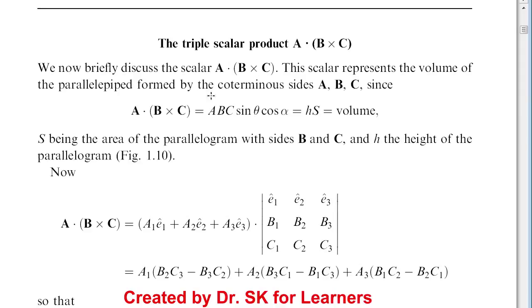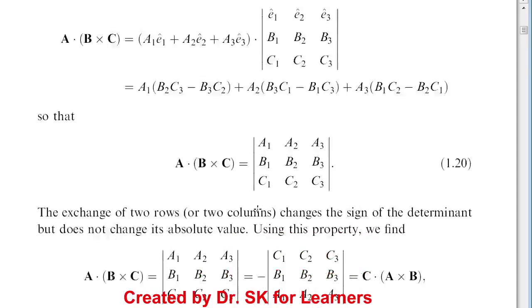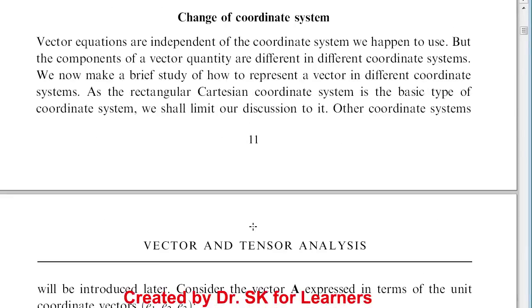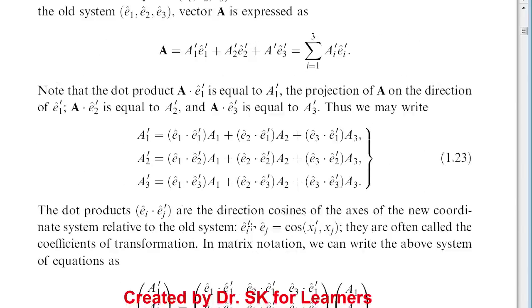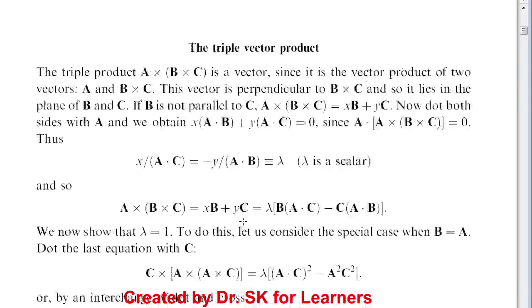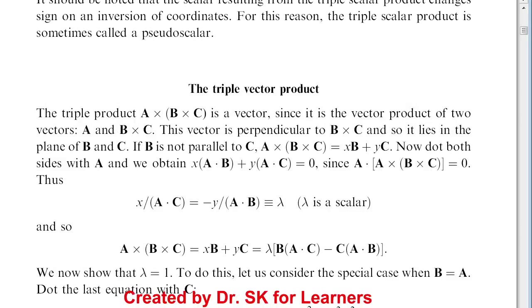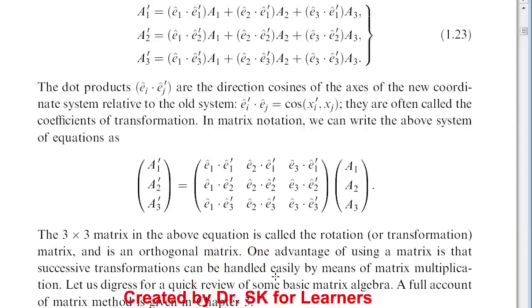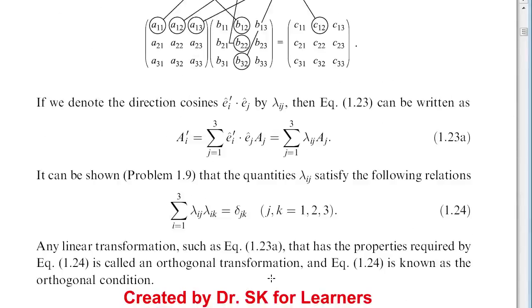So in tomorrow's class we'll see how the vector triple product and scalar triple product work, what triple products mean, and what their physical interpretation is. Probably we'll see that before moving on to the next chapter. With the vector triple product and scalar triple product, we will have plenty to begin with.